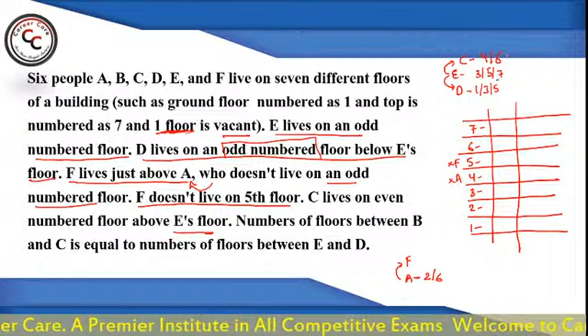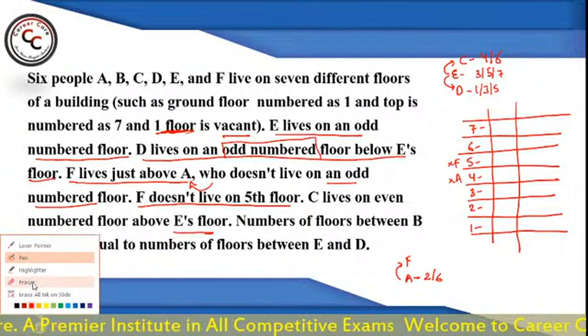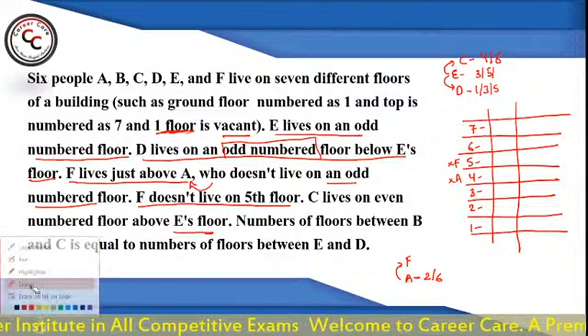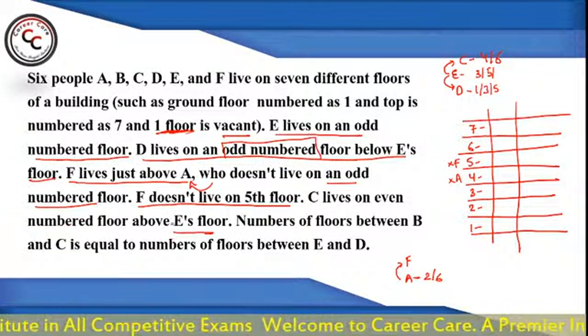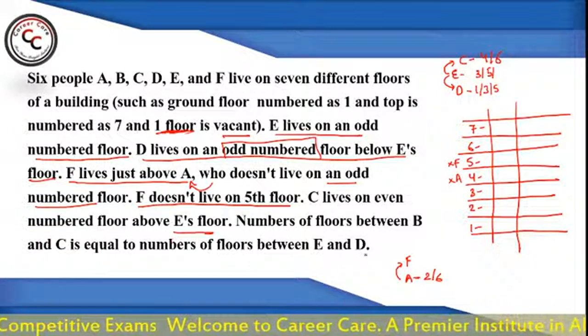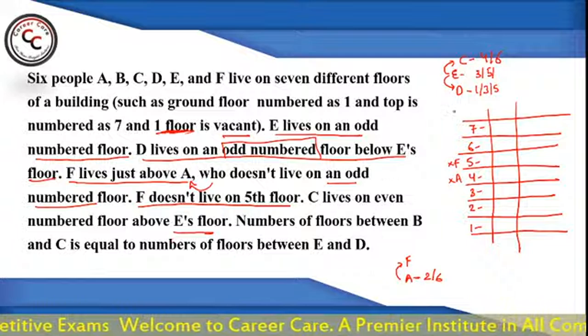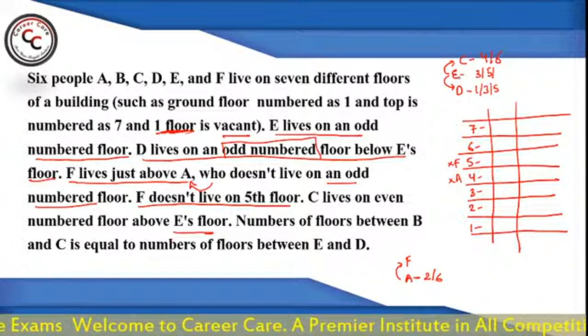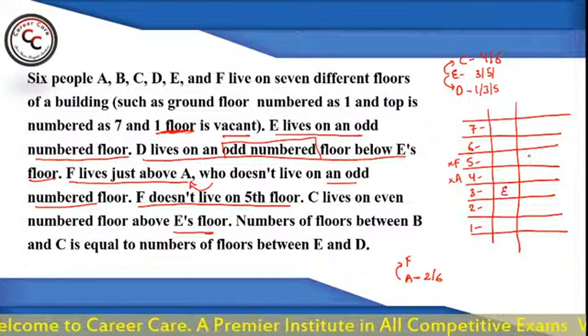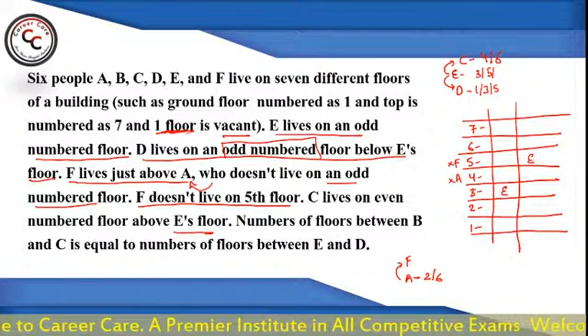That means E cannot live on the 7th floor. Why? Because above 7 there is no even floor. Simple. Finish. The number of floors between B and C is equal to the number of floors between E and D. So here I am getting possibilities. Let's see. So E can live on the 3rd floor or 5th floor.